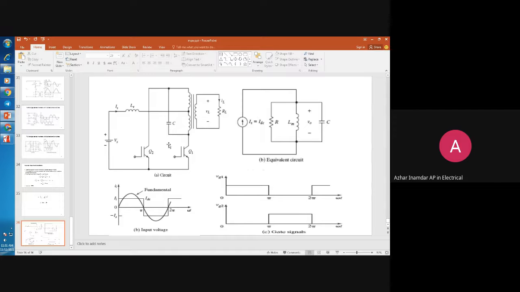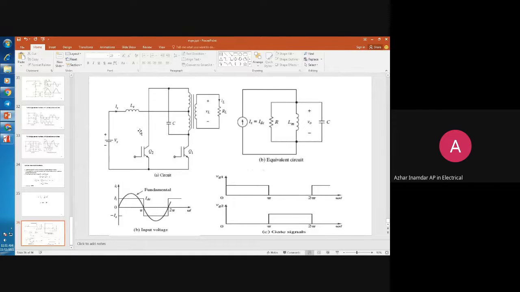So now I'll tell you the operation. When the transistor Q1 is conducting, the current flows through the DC inductor and the lower part of the transformer primary winding, and then back to the DC source. This is the circuit in the first cycle.